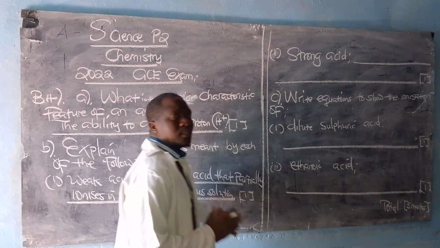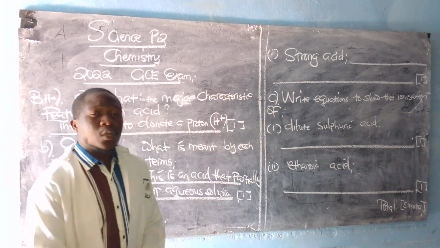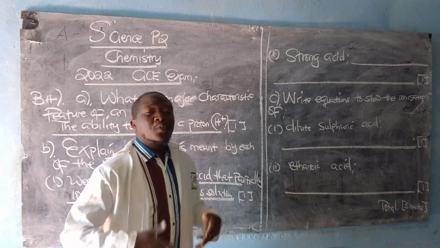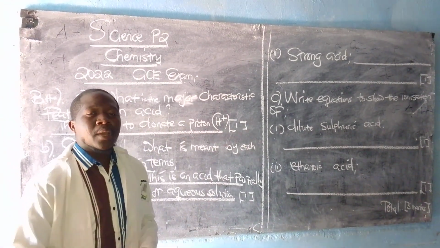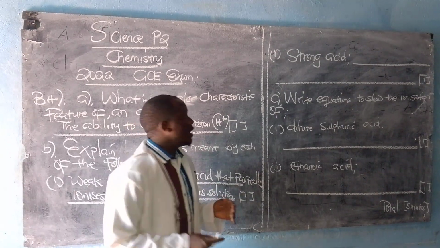A strong acid is an acid which, when dissolved in water or aqueous solution, will ionize completely and thereby produce hydrogen ion as the only positively charged ion.